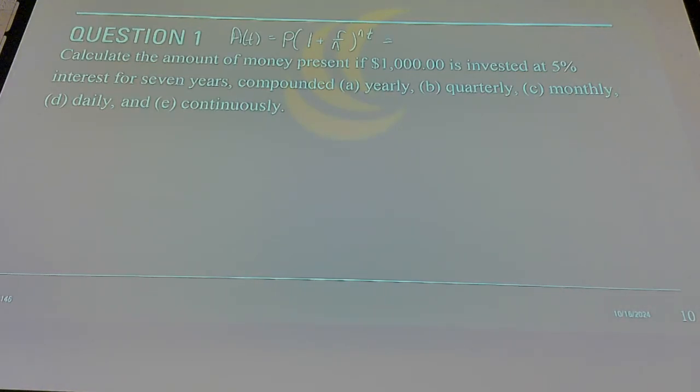So let's simplify this. Because we know what P is, right? P is 1,000. We know R. What's R?